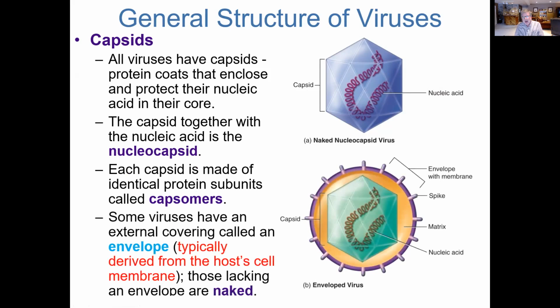But we know that in some viruses, we have an external covering called an envelope. Not all of them have it, right? There are a lot of naked viruses that lack the outer envelope, but here's a diagram of a cutaway view of an enveloped virus. And you can see, of course, the inner nucleocapsid, which does not look dissimilar to our naked nucleocapsid up here, does it? But external to that is this outer envelope.